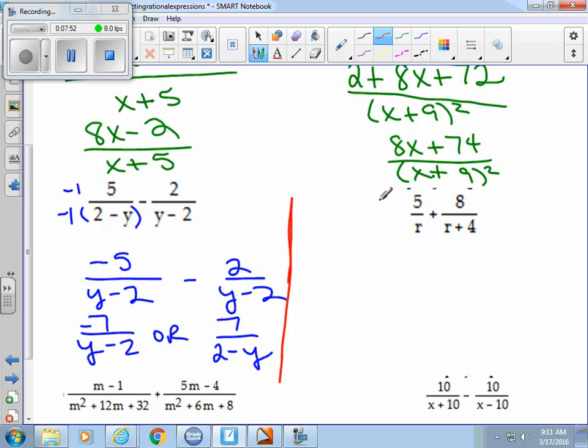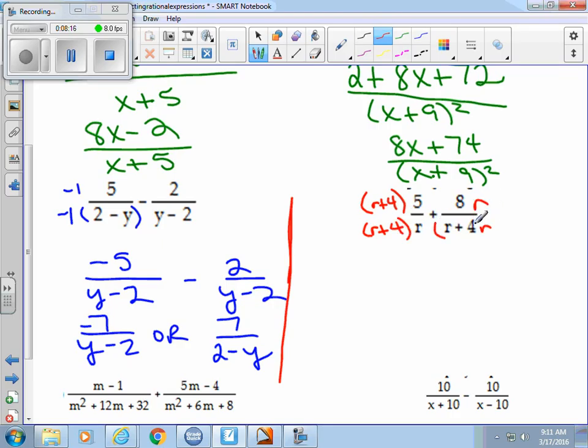So what does the left-hand fraction need? More than just a 4. Because 4 would just make it 4r, wouldn't it? It needs an r plus 4. It needs the entire right-hand denominator. Those two denominators have no common factors.